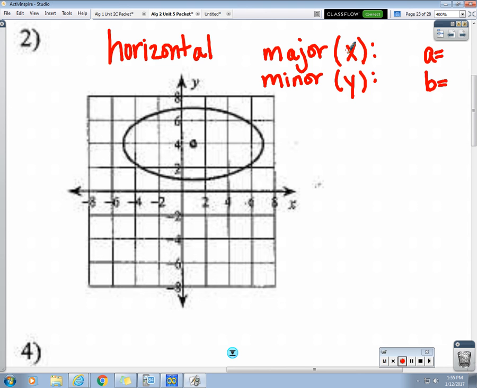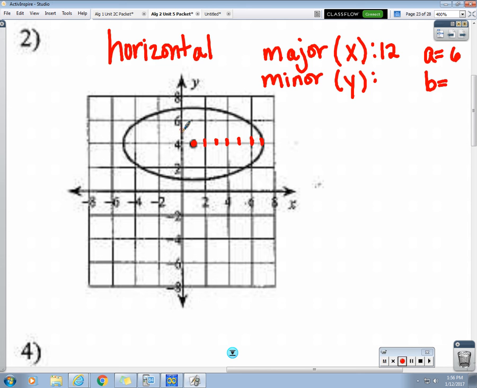Okay, so for the major axis, here's where you start at the center. They're going by twos, so 1, 2, 3, 4, 5, 6 units, right? But that's just from the center to the side. So the total length of the major axis is 12. The A is 6, because the A value is just from the center to the side.